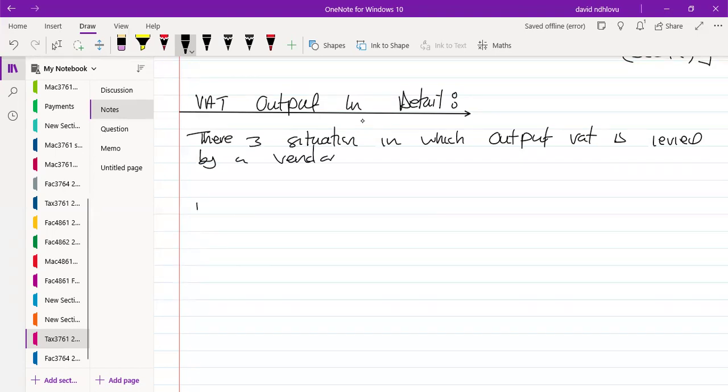Number one, it is the supply of goods and services by a vendor. So there will be situations that will demand that VAT be levied on the supply of goods and services. There is also the importation of goods.